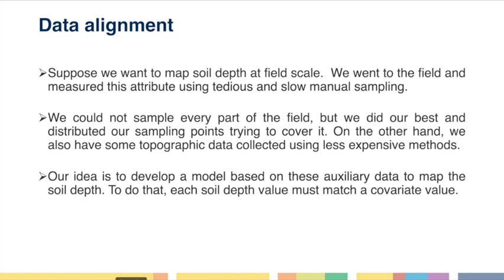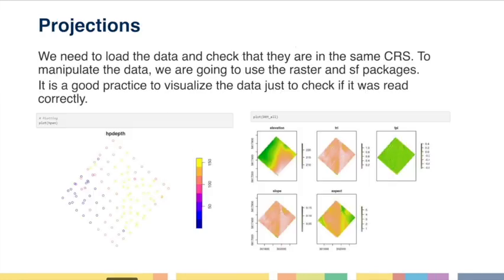We also have some covariables from the soil and the landscape collected by using less costly methods, to develop a model based on this auxiliary data in order to map the soil depth with more accuracy. So that's the main objective.